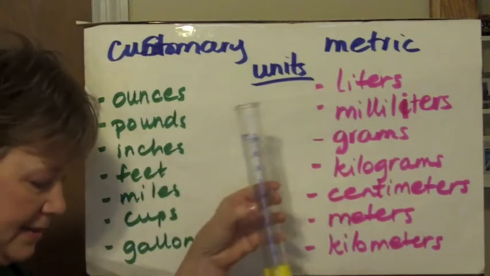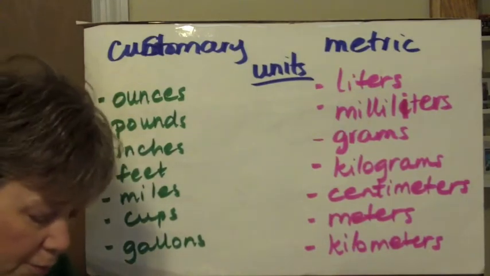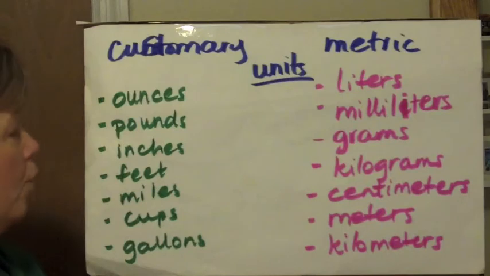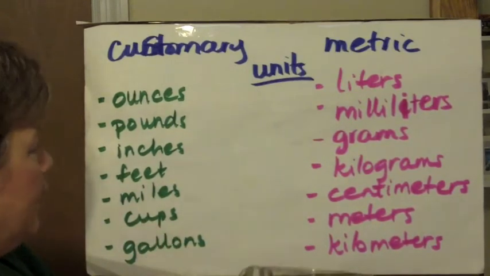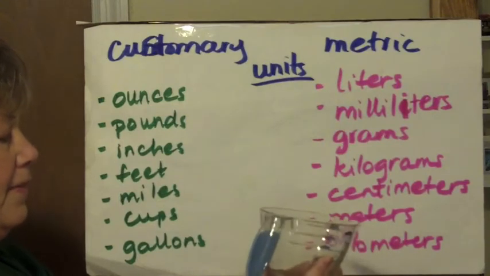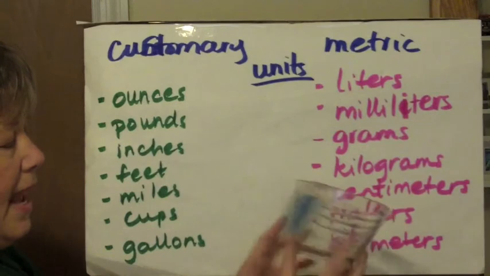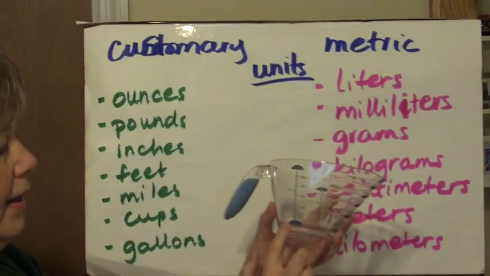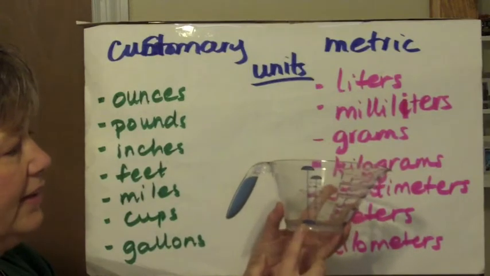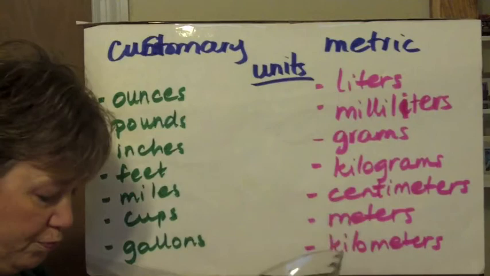And another measurement that you can see would be in measuring cups, a cup here, and this measuring cup has cups, ounces, and milliliters, and liters, like a half a liter here, so you could measure out and know.